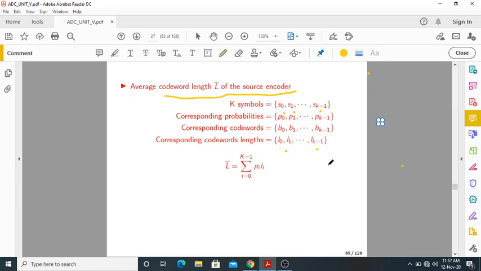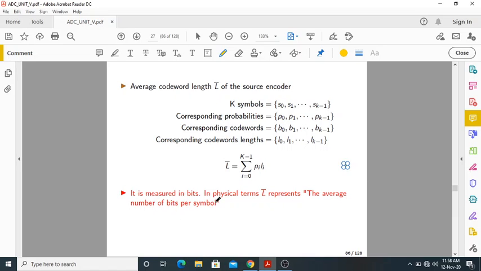There also we multiplied probability into information and took a summation. So whenever I say average, you have to multiply the probability into that particular term. Here I am saying average code word length, which means you multiply the probability into the code word length and take a summation: summation over i equal to 0 to capital K minus 1, Pi into Li.